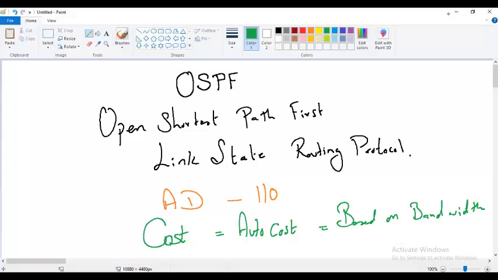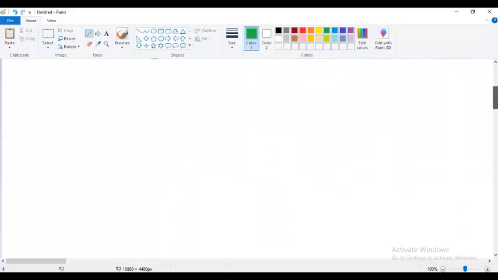Cost is automatically calculated based on bandwidth. For example, when you have a link of 10 meg, another link of 100 meg, the cost will be definitely different.